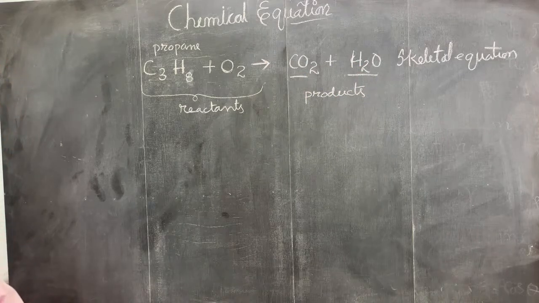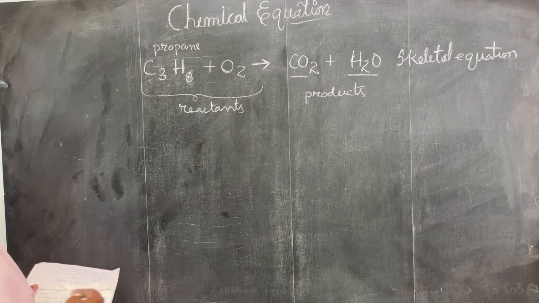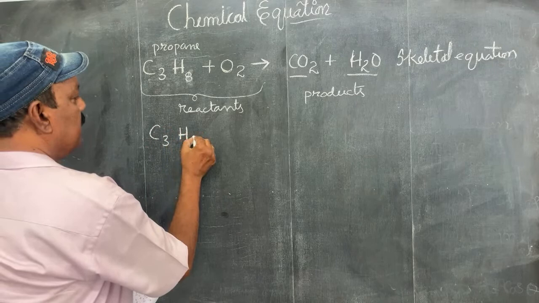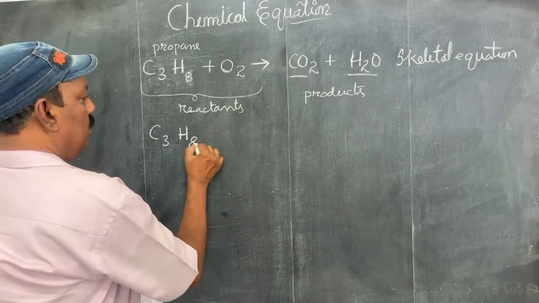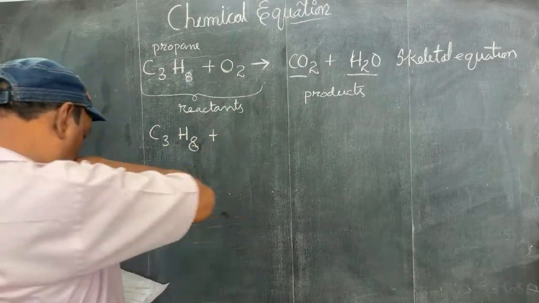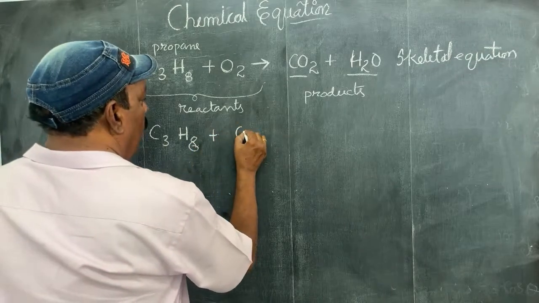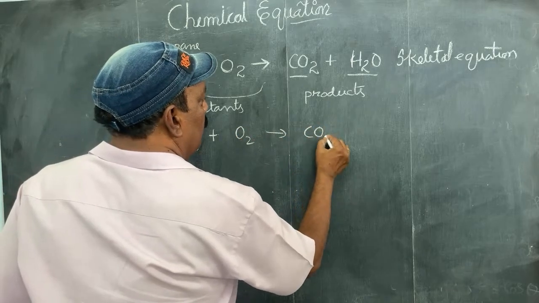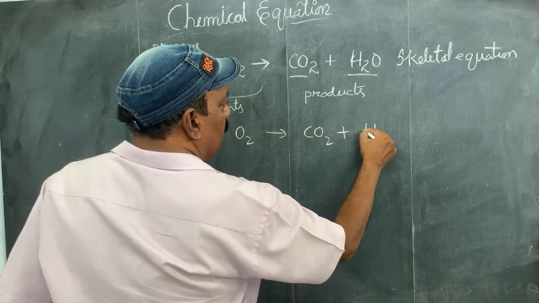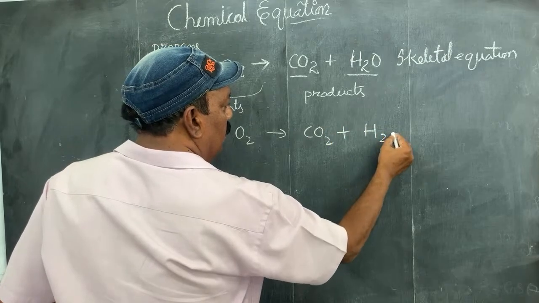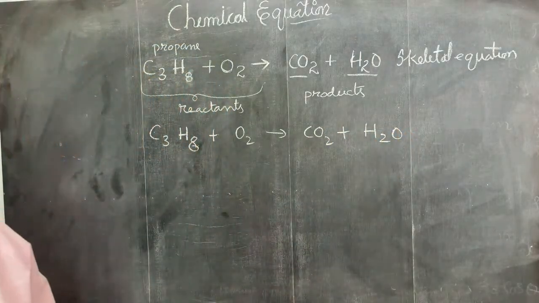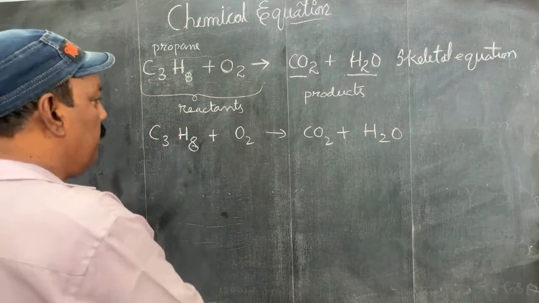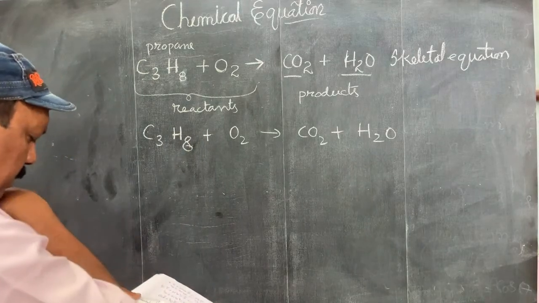Now we have to balance this chemical equation: C3H8 plus O2 gives rise to CO2 plus H2O. First of all, try to balance the carbon.